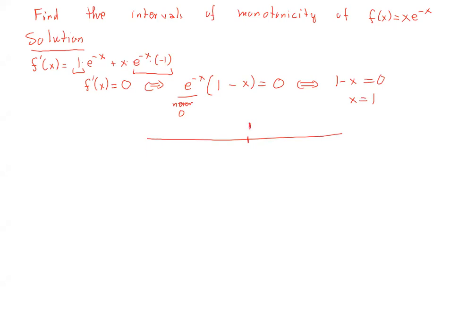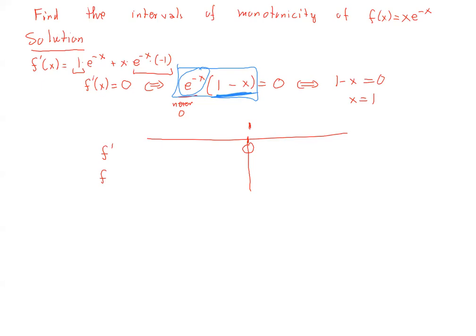X equals 1. So we have f prime, we have f, and we know that f prime is 0 right here. And we take now a testing point. Where should we plug in the testing point? Actually, in the simplest expression for f prime, which is this one. And this thing is always positive. Again, we can ignore it. And the only thing that matters is 1 minus x.